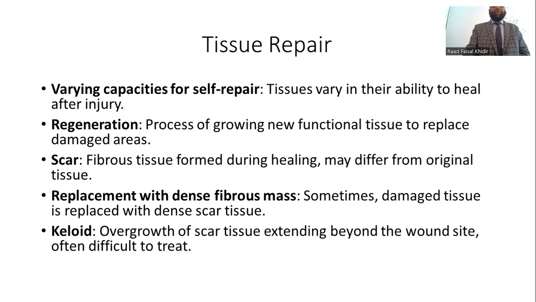These are sometimes damaged tissue that is replaced with dense scar tissue. A keloid is an overgrowth of scar tissue extending beyond the wound site, and that is often difficult to treat. There is a keloid, and there's what's also known as hypertrophic scar. Hypertrophic scar is a scar that has healed but is hypertrophied.